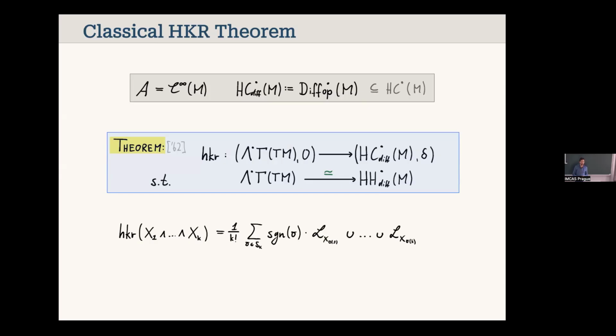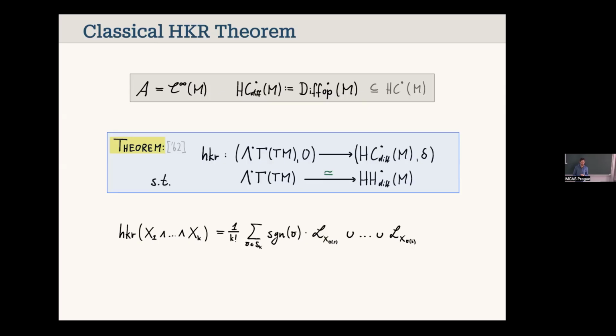So we have a map from the multivector fields to the differential Hochschild complex. Multivector fields are just the wedges, the antisymmetric algebra, of the sections of the tangent bundle. And this we consider here with differential 0. On the other hand, we have the differential Hochschild complex with the Hochschild differential I talked about.